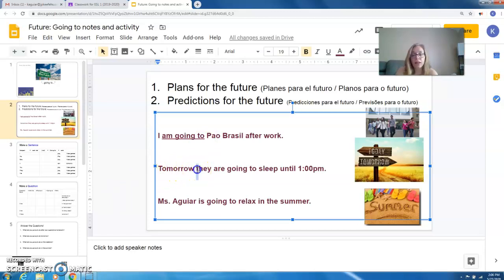Tomorrow, they are going to sleep until 1 p.m. So not today, but tomorrow in the future. Miss Aguiar is going to relax in the summer. So the summer, so not now, but later.